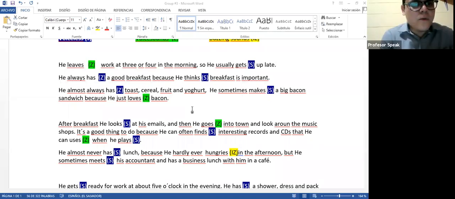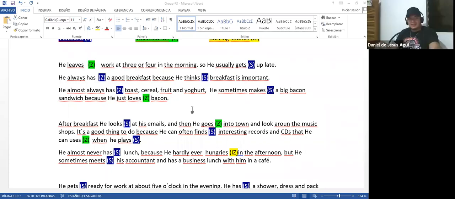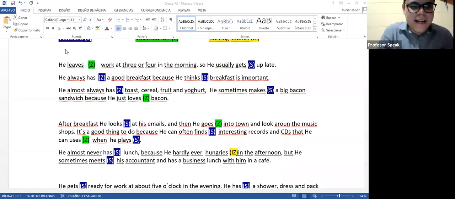He almost always has toast, cereal, fruit, and yogurt. He sometimes makes a big bacon sandwich because he just loves bacon. You see the difference? You hear the difference?